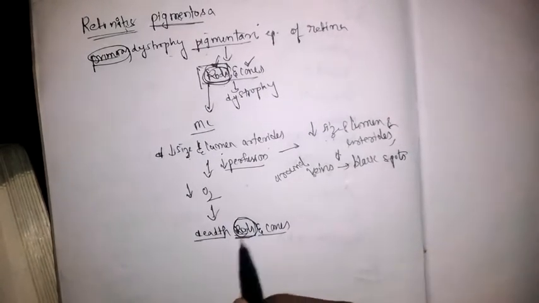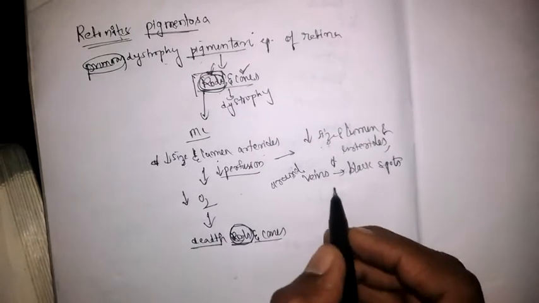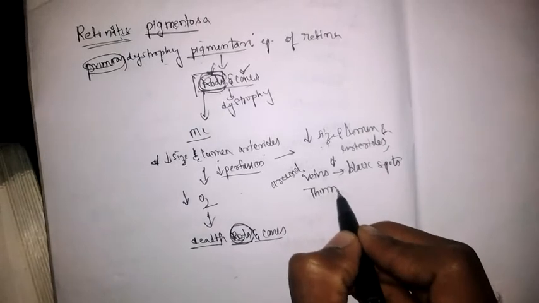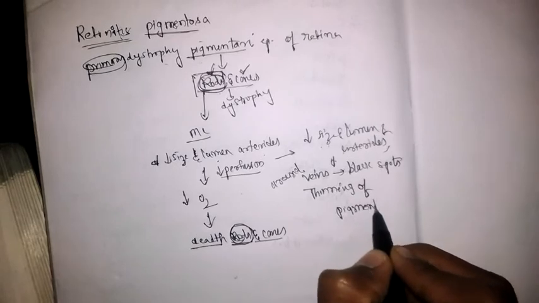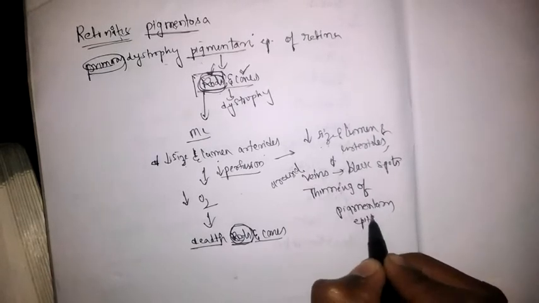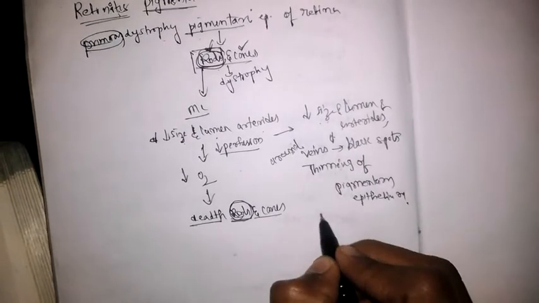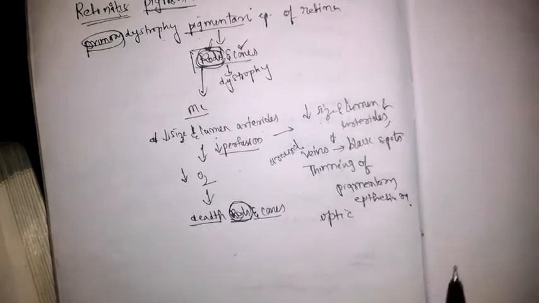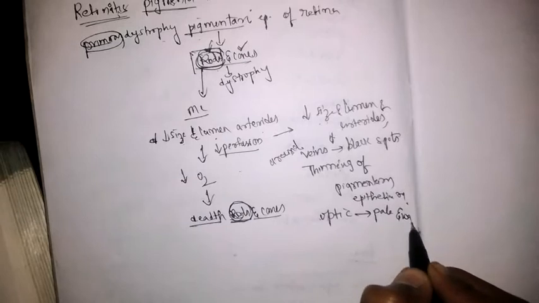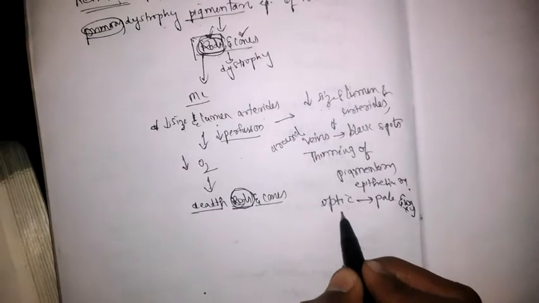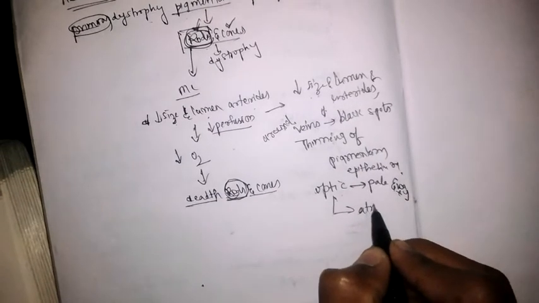As I told you, there is atrophy of rods and cones, right? Due to this atrophy, we see thinning of the pigmentary epithelium. If you see the optic disc, it will also be pale and waxy, and in later stages the optic disc will also undergo atrophy.